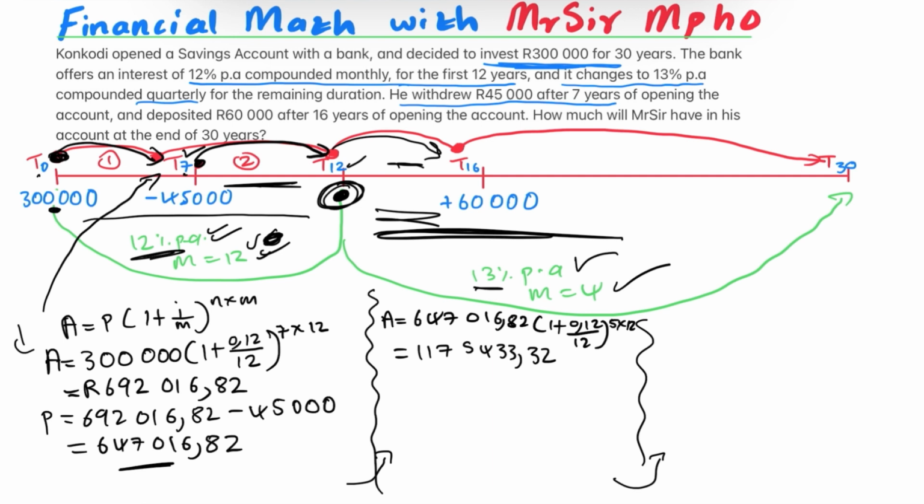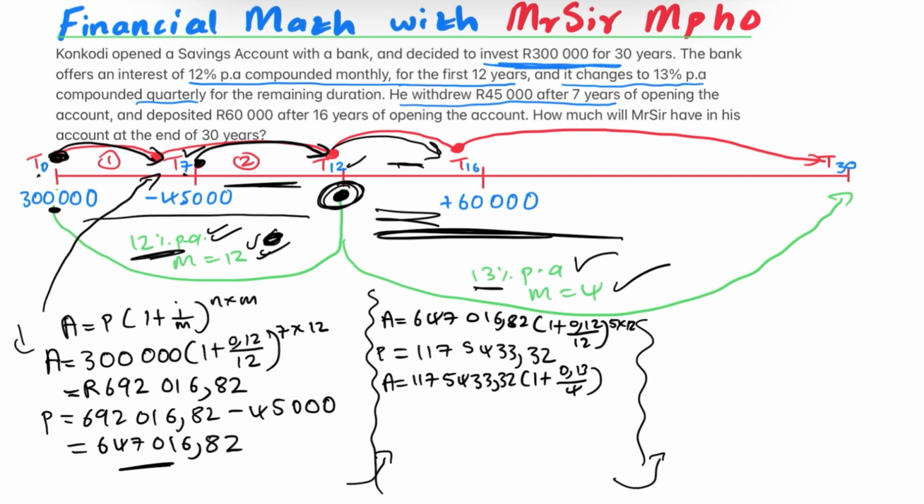Does that make sense? So I'm going to say, oh, which means this is basically my new P, and I will need to get another new A. So my A will be 117,543.32 into 1 plus 0.13 over 4 this time around, okay?